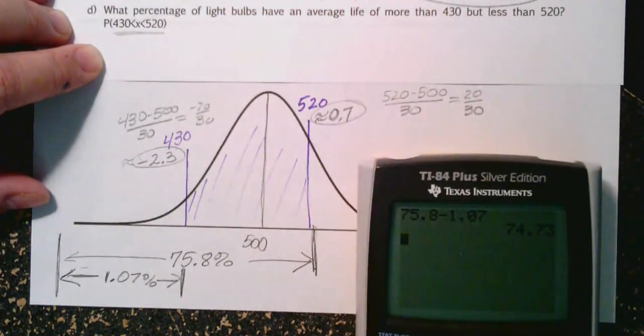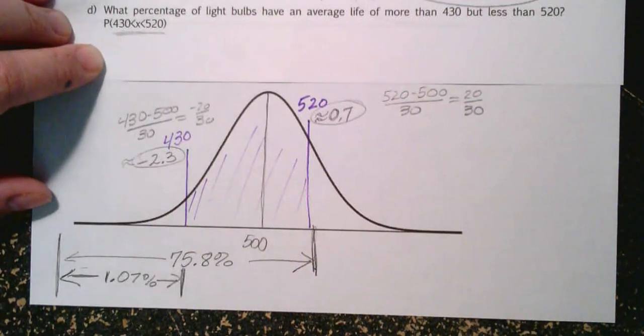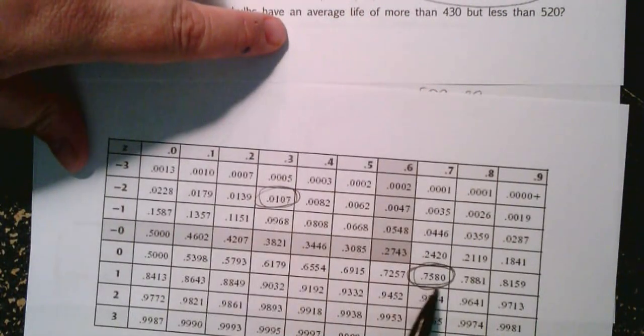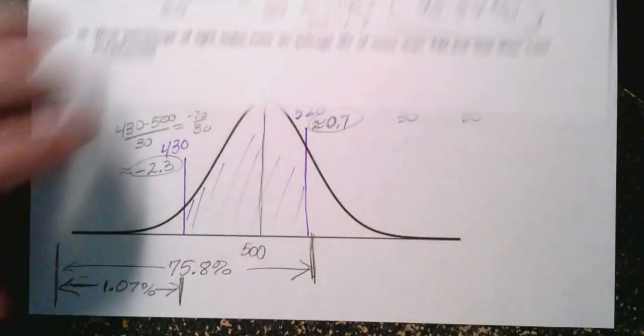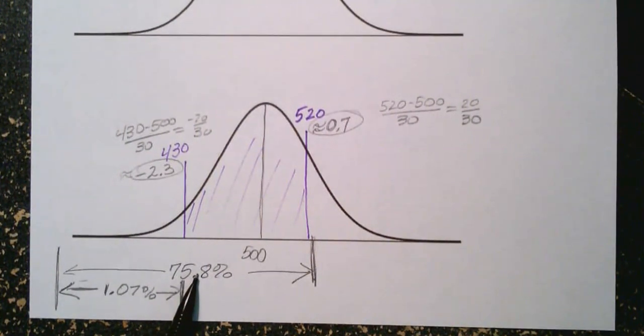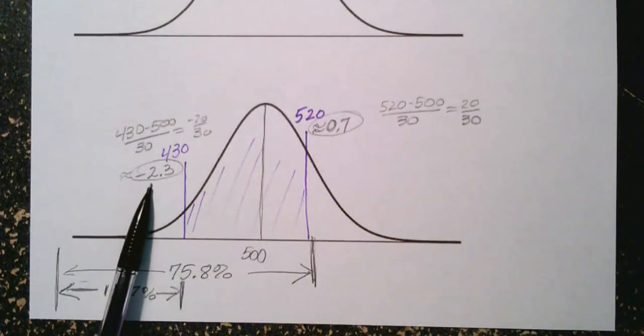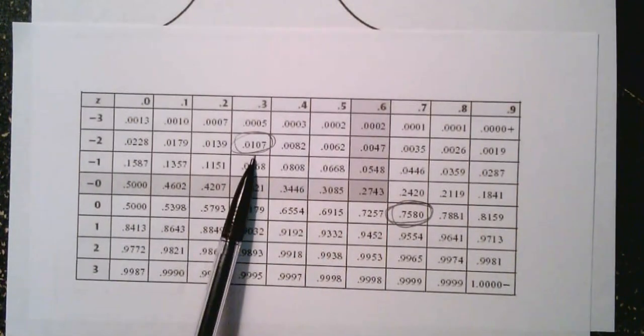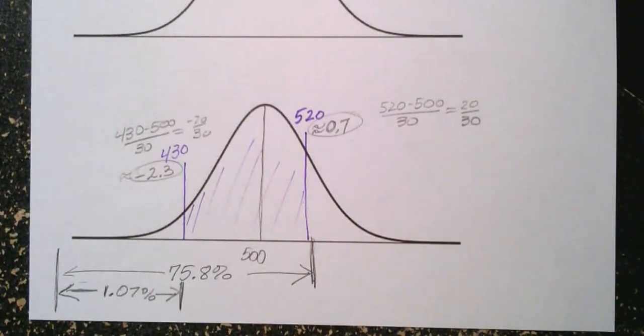Okay, let's think of it in terms of just doing it as a decimal. The first z-score I find gives me 0.758. So that's what this was right here. And then when I went and got my z-score for negative 2.3, I got 0.0107. So that's this part right here.